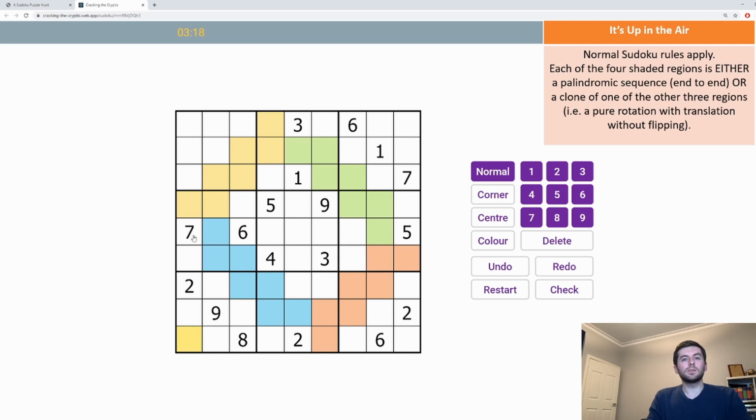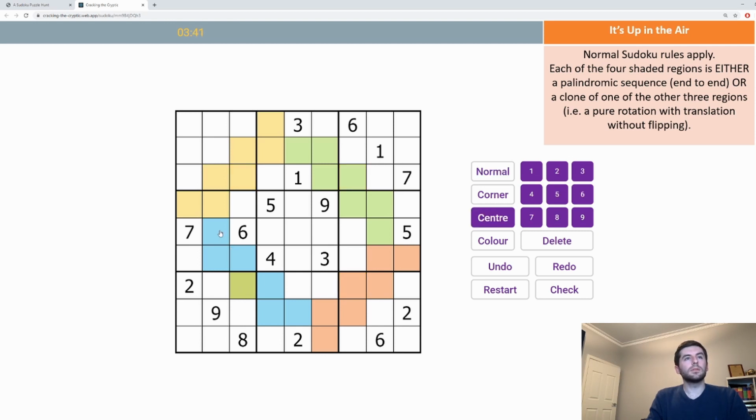Okay, and so for those of you who haven't seen it, the easiest way to identify whether these shapes can be clones or not is to look at the 4th digit along. So if we add in these yellow and red shapes as well, which we know to be clones, we can see that these kind of form a rectangle here and share the same row and column.